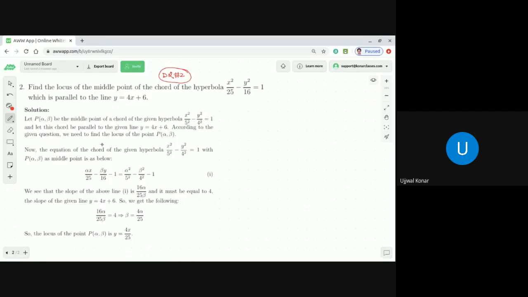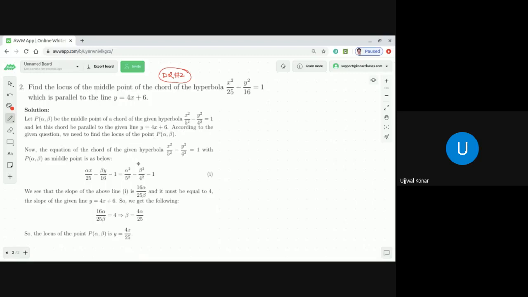Let P alpha beta be the middle point of a chord of the given hyperbola x square by 5 square minus y square by 4 square equal to 1, and let this chord be parallel to the given line y equal to 4x plus 6. We need to find the locus of the point alpha comma beta.